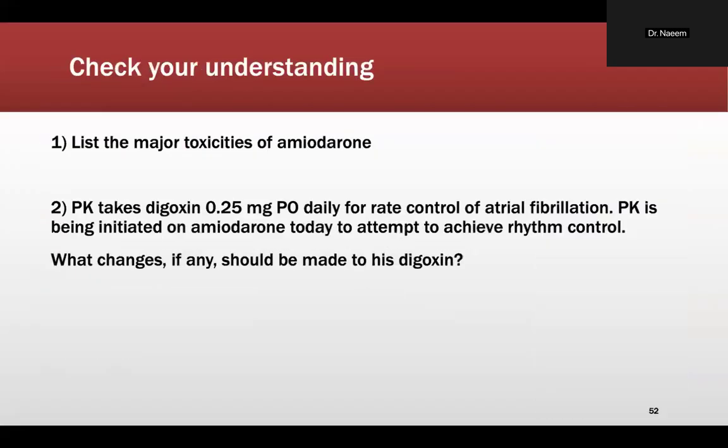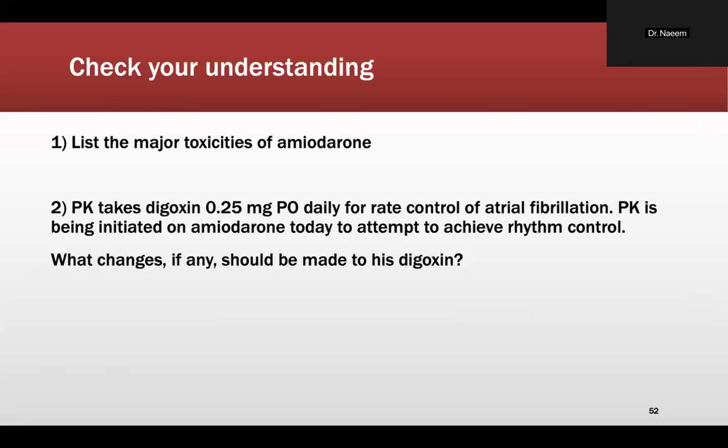Okay. Major toxicities of amiodarone, real quick: pulmonary, liver, and thyroid. You should just be able to name them right off the bat. And then if the patient has the second scenario, PK takes digoxin 0.25 milligrams once daily for rate control of AFib. PK is being initiated on amiodarone today to attempt to achieve rhythm control.